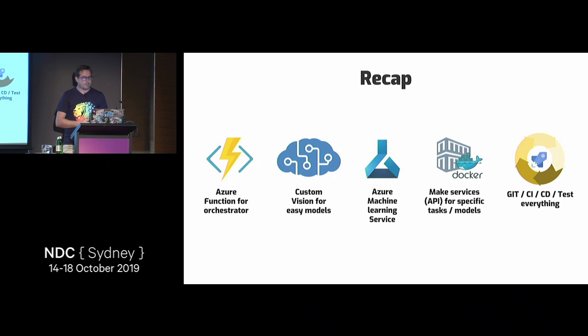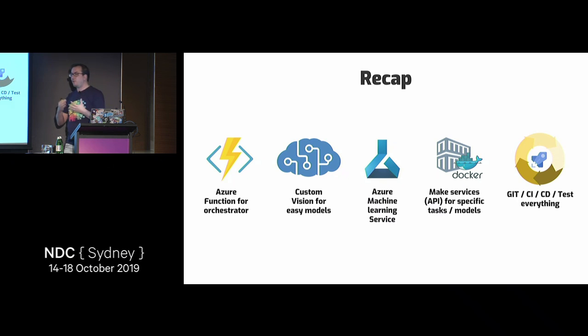So a small recap about my project. I used Azure Durable Functions to orchestrate the whole solution, which is doing very individual specialized steps. I used Custom Vision for the easy models. My advice is always to see if there is an out-of-the-box service that can do the job, because training your own models and setting everything up and running it yourself takes a lot of time.